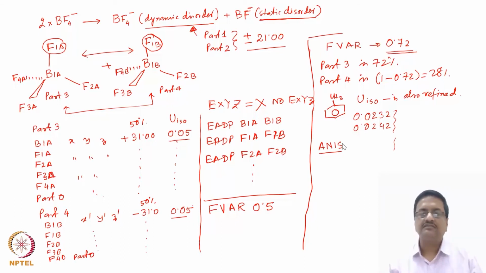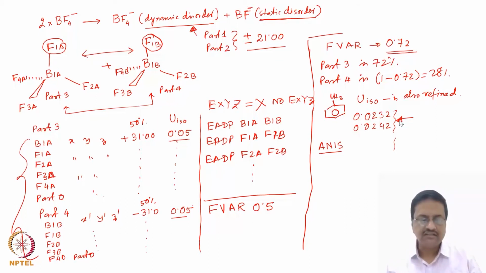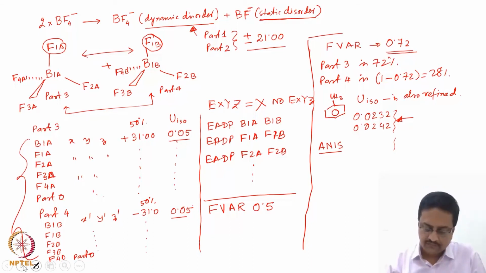It will do the anisotropic refinement of all these atoms which are now disorder treated and are refined to a reasonable isotropic thermal parameter. And then we should take this and complete the refinement following the standard procedure that we have already discussed in one of the lectures.